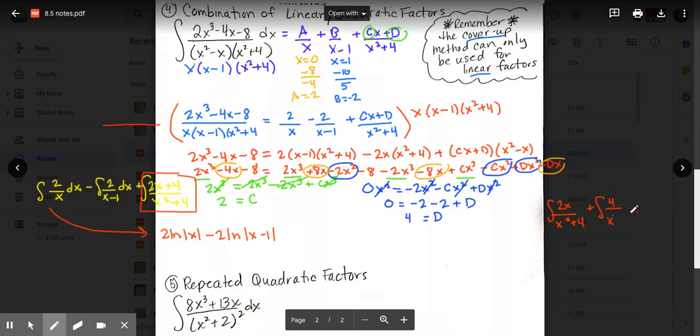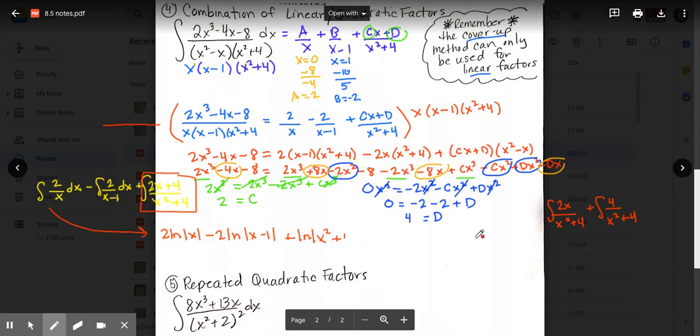So we're rewriting it as the sum of two quotients. This one right here is du over u, and you don't even need to add anything in because your 2 is in there. So that becomes the natural log of the absolute value of x squared plus 4.